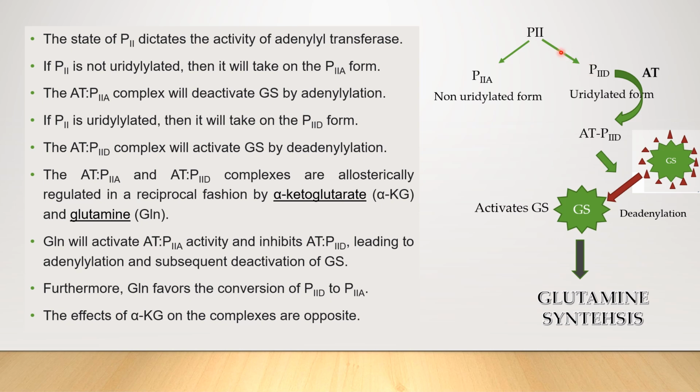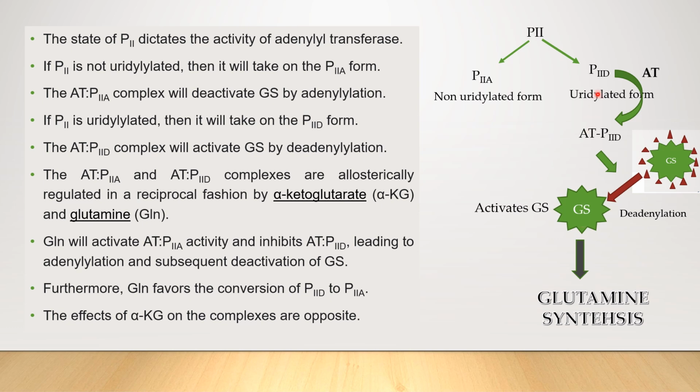If P2 is not uridylated, it exists in the non-uridylated form, which is called the P2A form. The other one, the uridylated form, is P2D. The AT-P2A complex will deactivate the glutamine synthetase by adenylation.